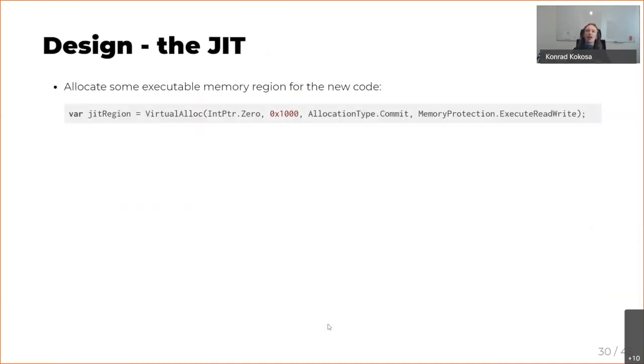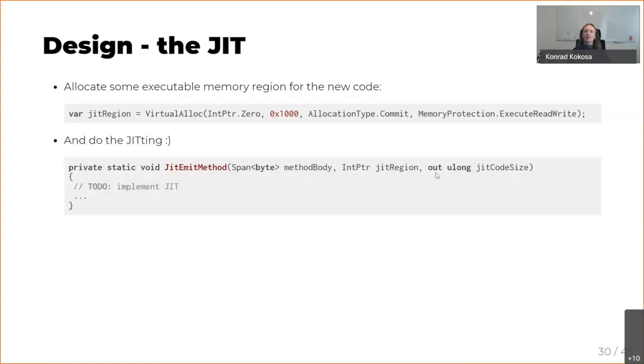So I'm allocating pages that will be used to populate the code that is emitted by the JIT. And what's important, I'm using execute rights, so I will then be able to call methods from there. They will be able to execute because they have these execute rights. And obviously I also need the write rights because I will emit the code there.